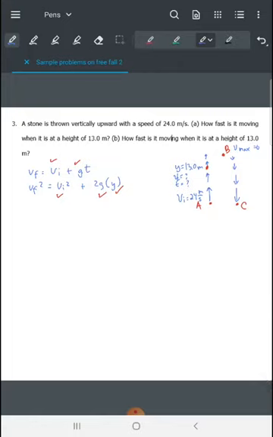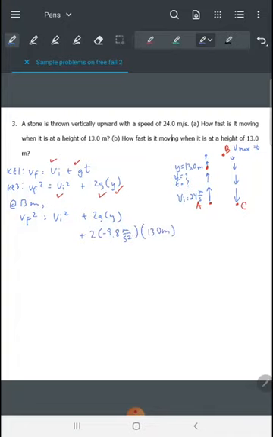Okay. Now, how do we get this? Pwede pa natin gamitin yung KE number 3, di ba? KE 3, KE 1. So, VF squared equals VI squared plus 2GY. Lagyan natin at 13 meters para hindi kayo malito. 2 times negative 9.8 meters per second squared, 13 meters.